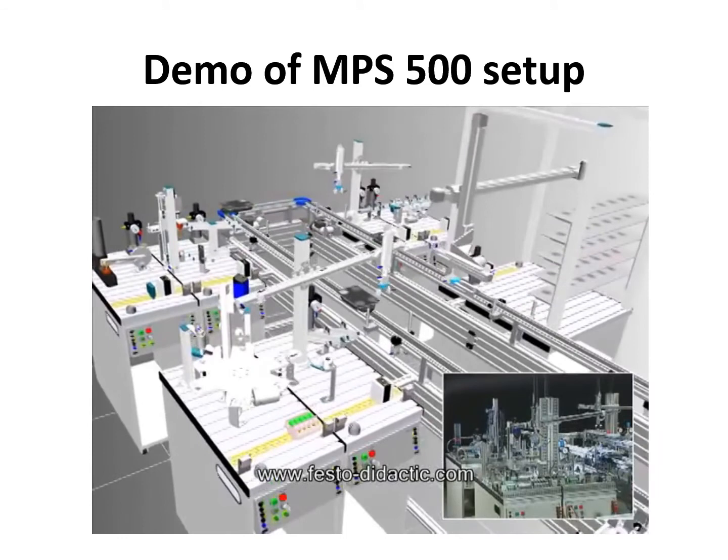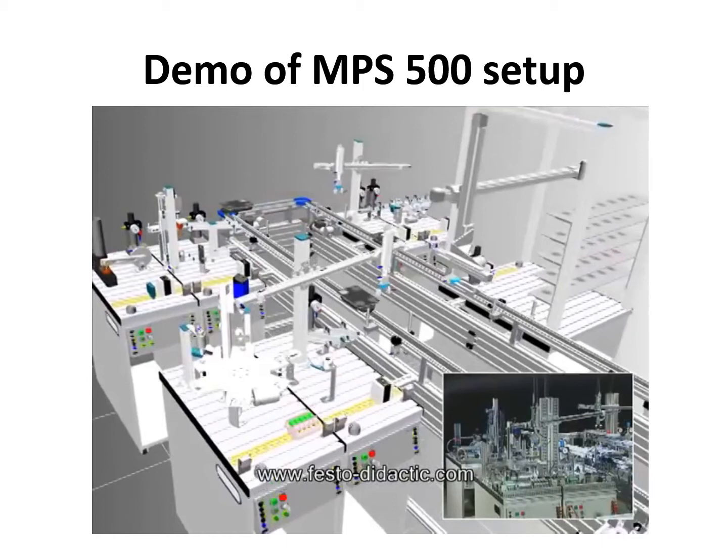You see these pallets moving on the conveyor at the center, and when a pallet arrives at this station, the part will be fitted onto the pallet, and the pallet will move the part to the next station. So this station is a distribution station. This station is a testing station.